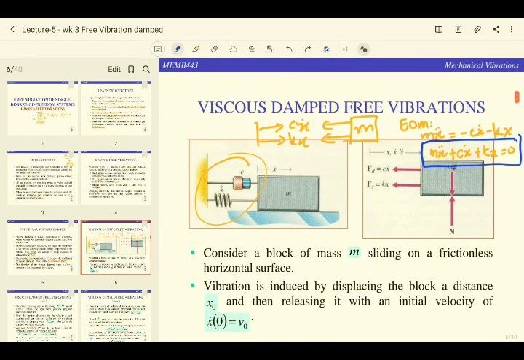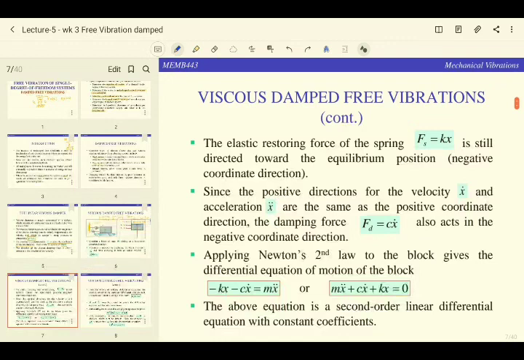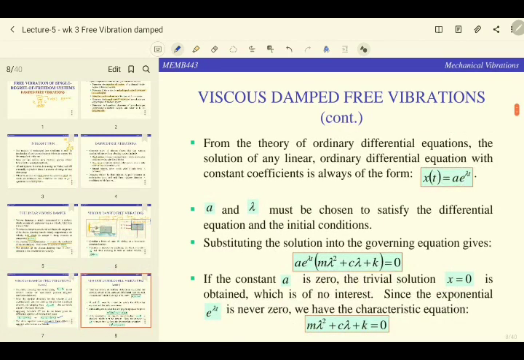So this is how you have it. You can see that the above equation is a second order ODE with constant coefficients. If you want to write the solution in terms of an exponential function, why do you want to use this exponential function?